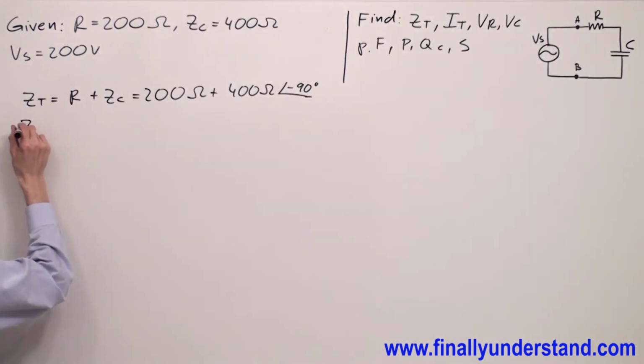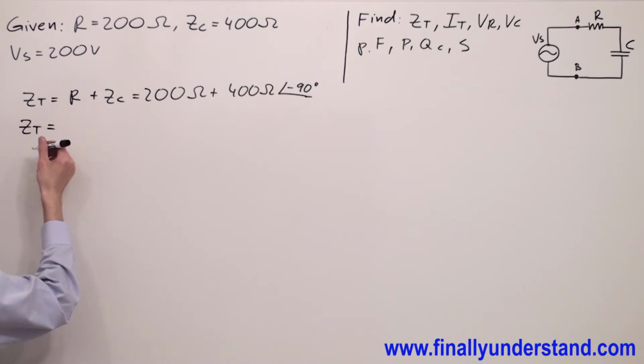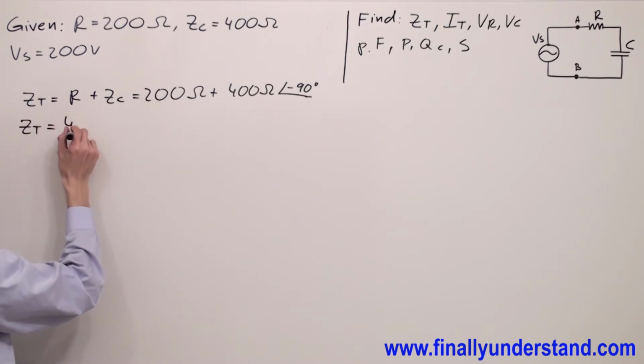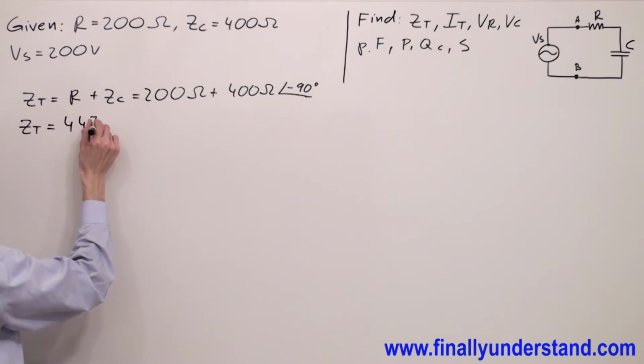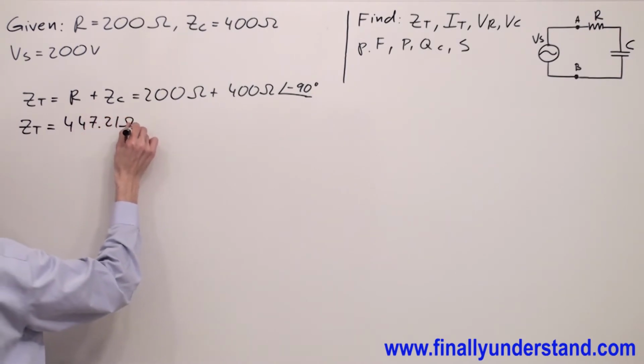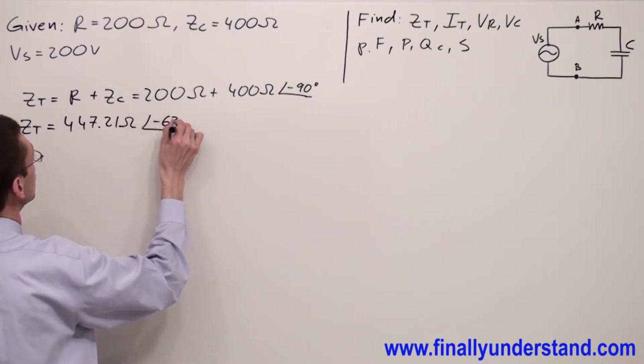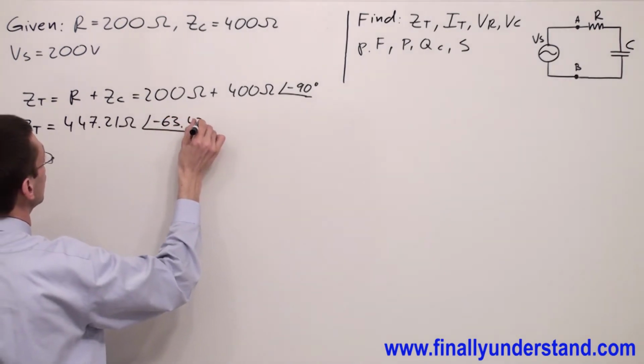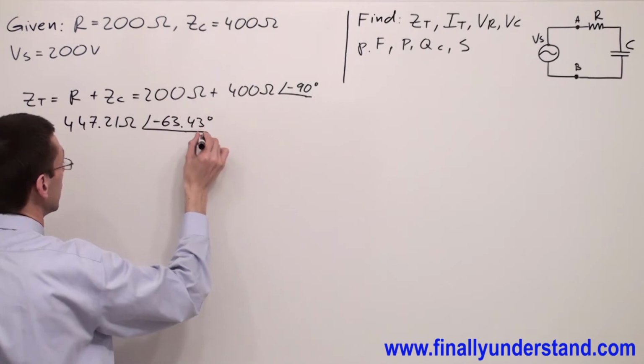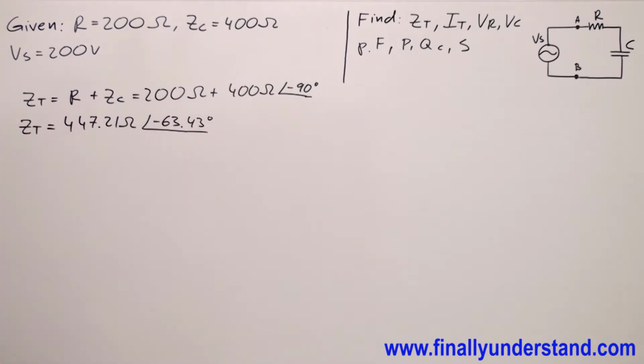Use the calculator and find that Z total is equal to 447.21 ohms, an angle of negative 63.43 degrees. This is my Z total.